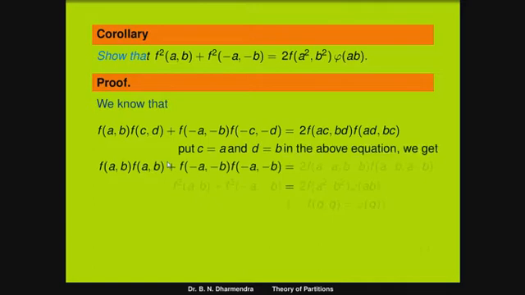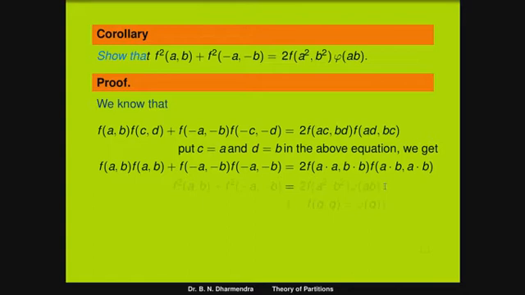We get f(a,b) f(a,b) + f(-a,-b) f(-a,-b) is equal to 2 f(a·a, b·b) f(a·b, a·b).